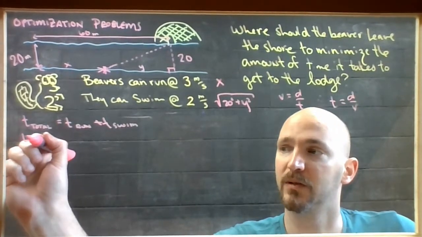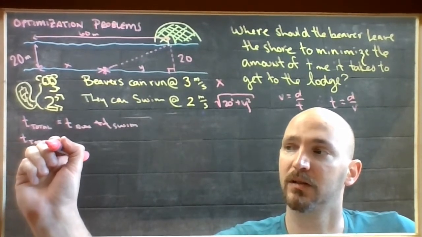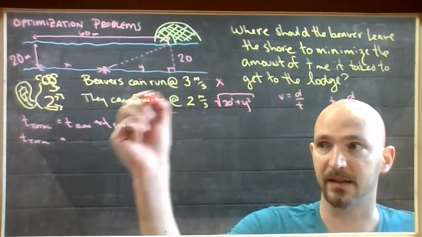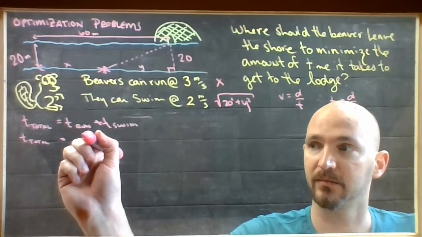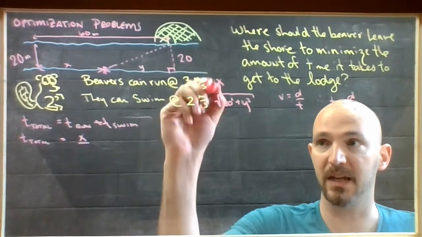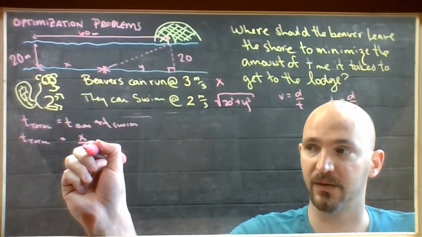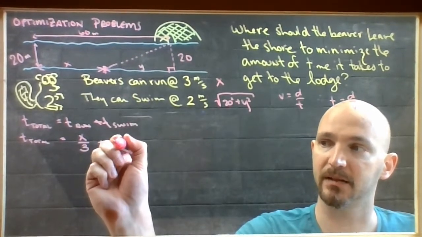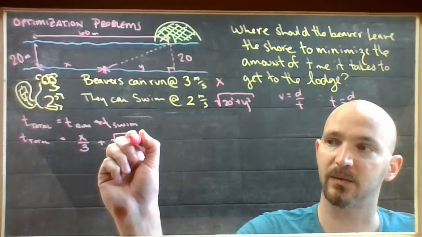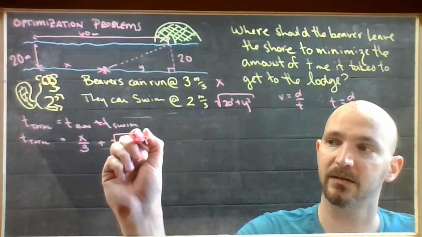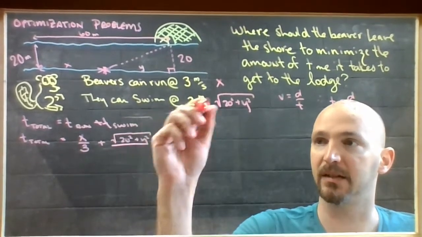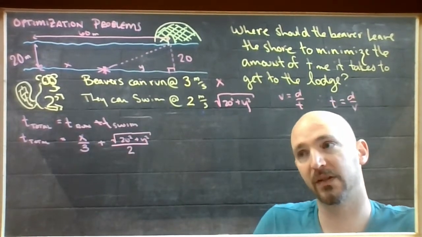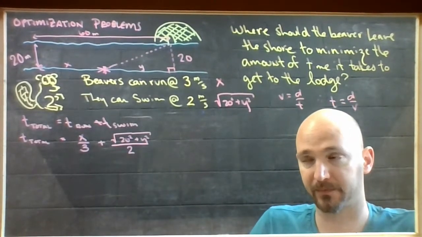So that will end up being the distance that you run, which is x, divided by the speed which you can run at, which is 3, plus the distance you can swim, the square root of 20 squared plus y squared, divided by the speed at which you swim. So that's the expression for the time.